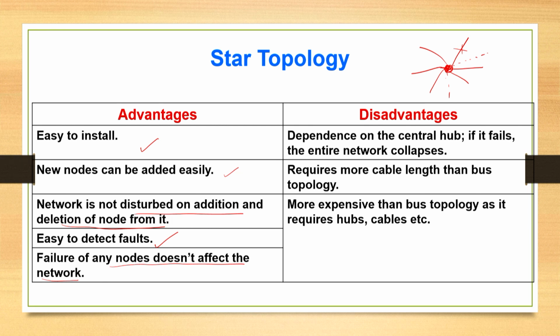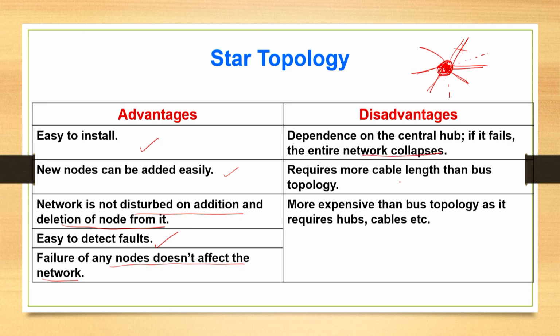But it has a limitation, because there is high dependence on this central hub. So, if it fails, what do you say? Yes, the whole network fails, because everything is connected through the central hub. So, if it fails, the entire network collapses.